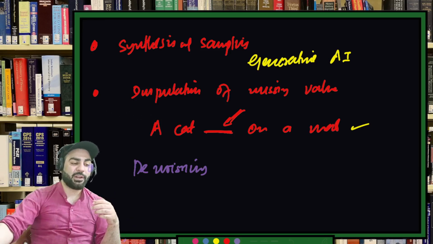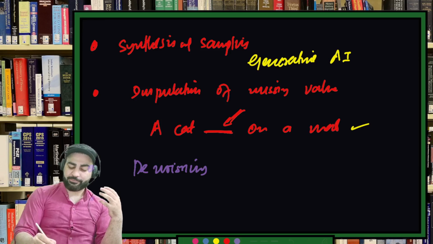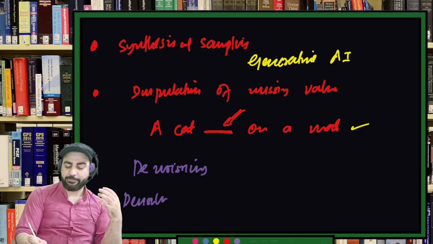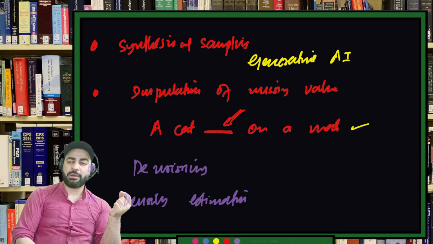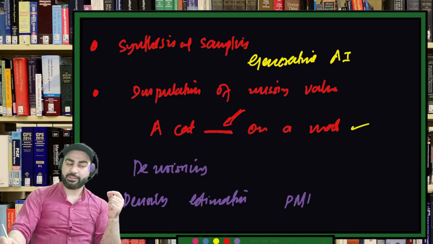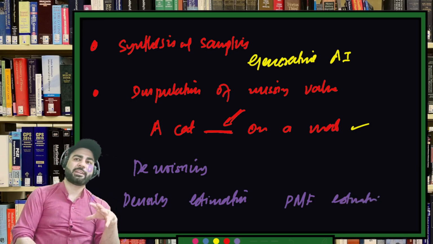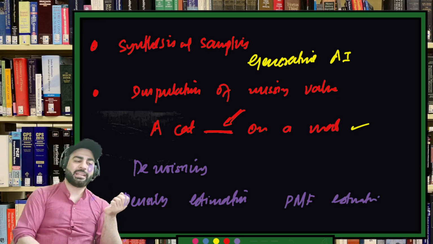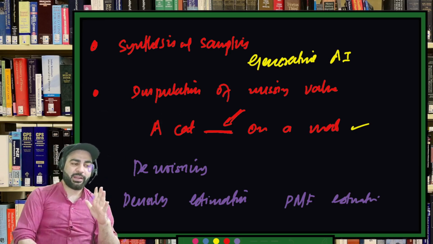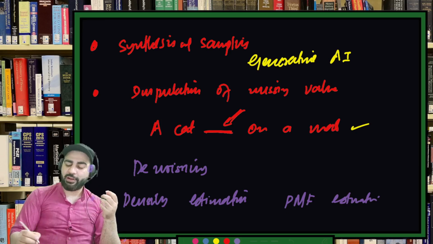And then we have something called density estimation, or probability mass function estimation, PMF estimation, because many things are probabilistic, we'll see that. So here we want to estimate the density. I can give you an example of why we do density estimation.